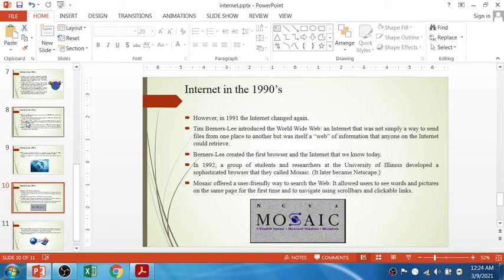It allowed users to see words and pictures on the same page for the first time and to navigate using the scroll bar and clickable links. So this is the transformation of the internet from the 50s to the 90s.